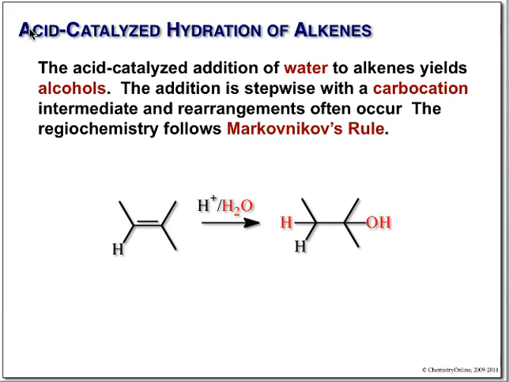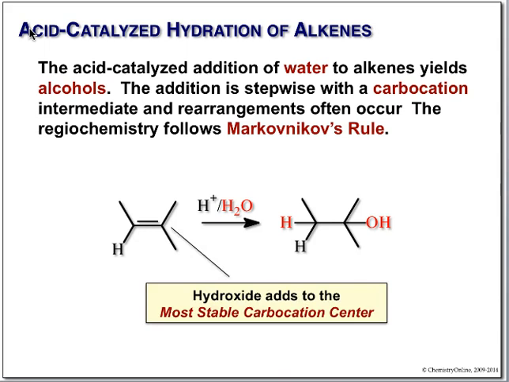Just like the addition of HBr, this is going to follow Markovnikov's rule. We're going to have exactly the same carbocation, and we can get exactly the same rearrangements. Once again, saving space in your head. Our water is going to add to the most stable carbocation, but we can also get rearrangements.